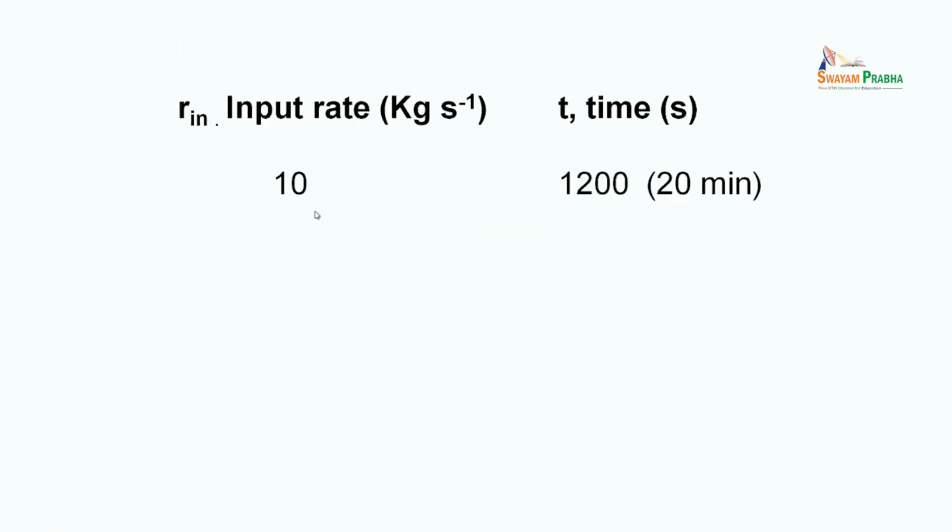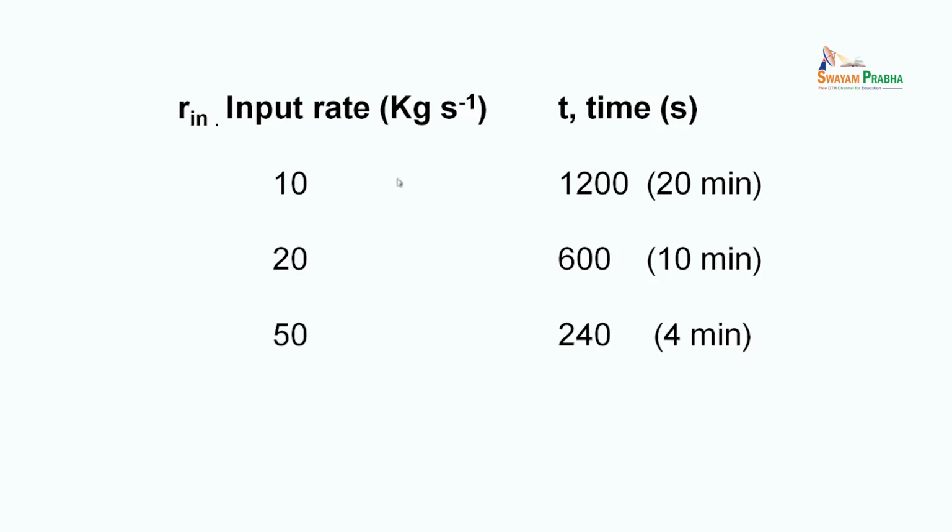If the input rate happens to be 10 kilogram per second, the time would be 1200 seconds or 20 minutes. If the input rate is 20, the time would be 600 seconds or 10 minutes. If the input rate is 50 kilogram per second, the time would be 240 seconds or 4 minutes.